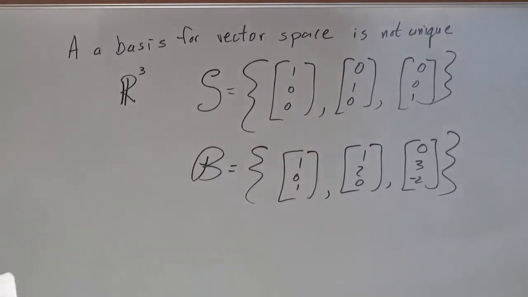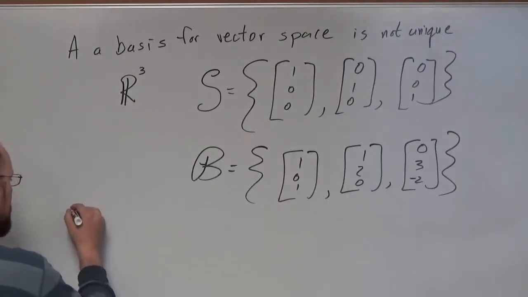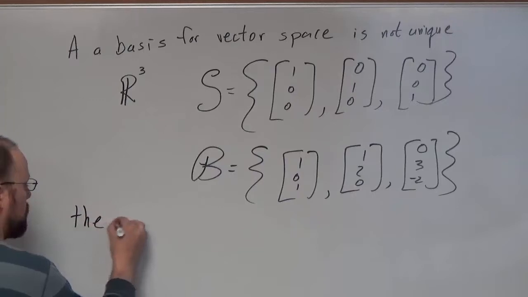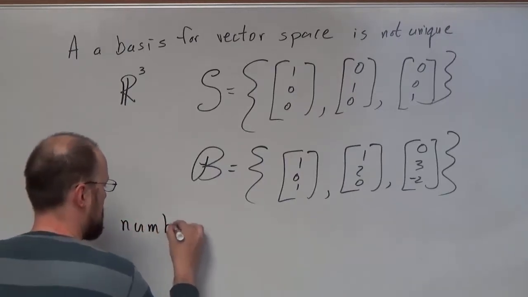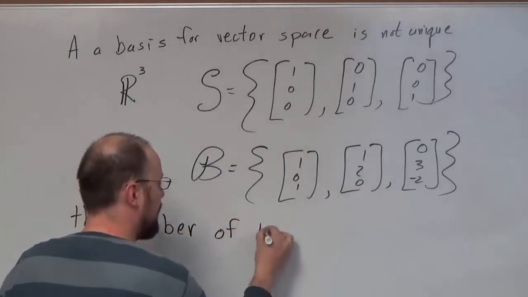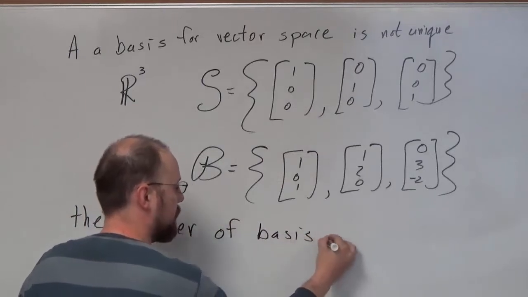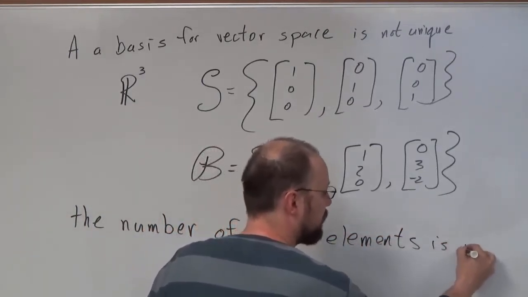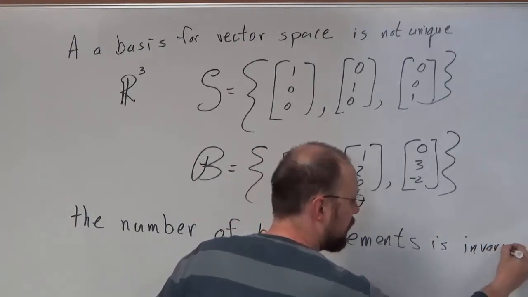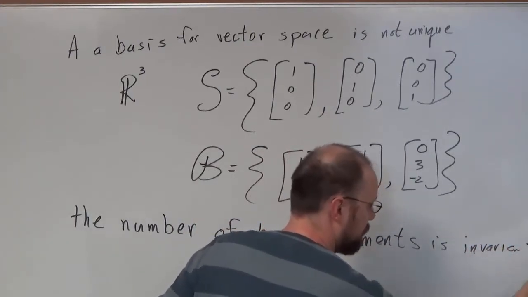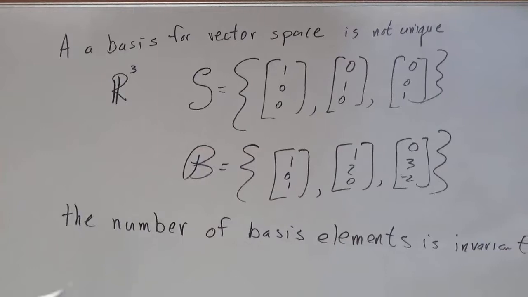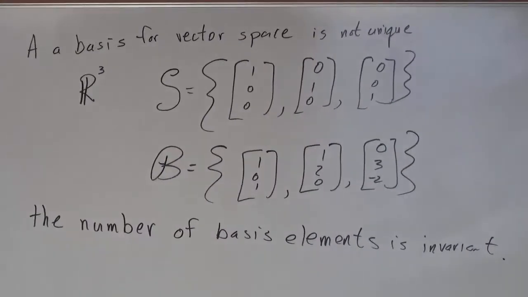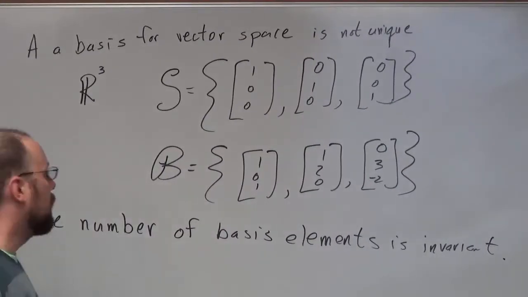But what can we say is invariant though? The number of basis elements in a basis for a vector space is invariant regardless of what basis you use. So the number of basis elements is always the same, even though the basis elements can be different.